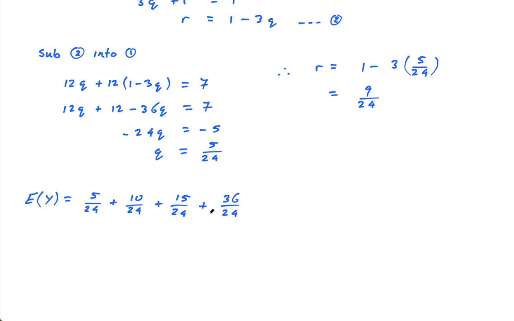Nearly finished guys. This is equal to 5 plus 10 plus 15 plus 36, which is 66 over 24.